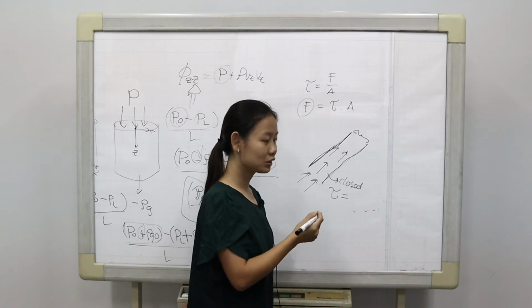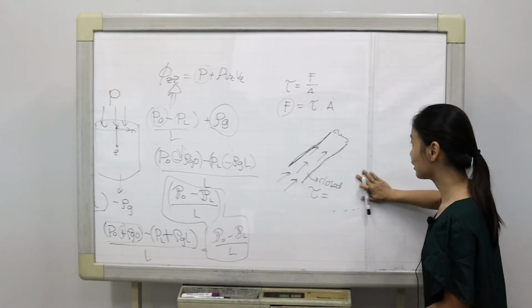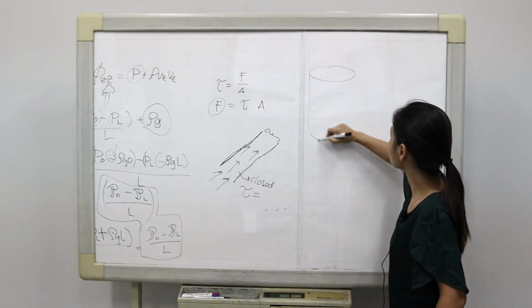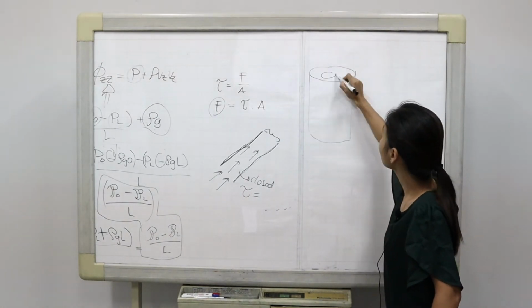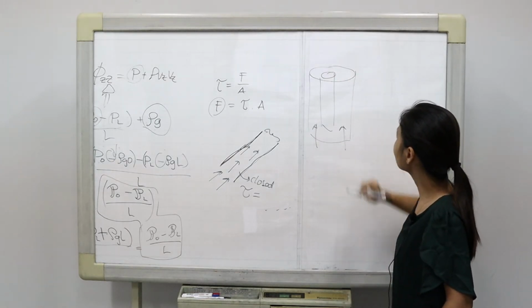I think this one is similar to when you have an annulus. Do you still remember? When you have an annulus like this, the fluid flows in between here.